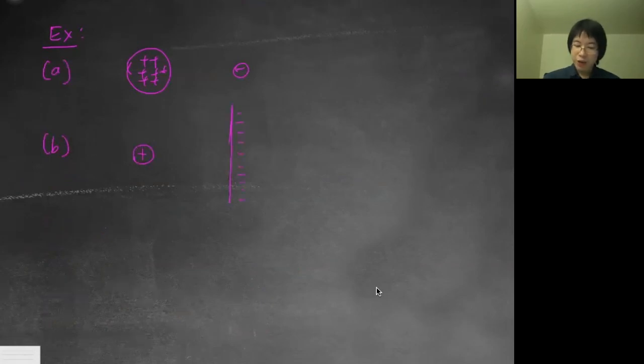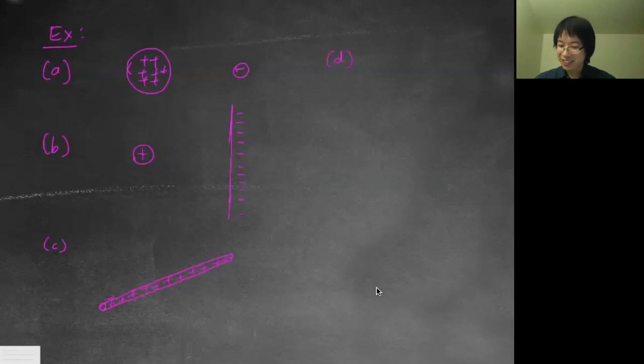What if you have a rod of positive charge? How would the field lines look around the rod? And maybe finally, if you have a triangular charge, how would the field lines look around it? Maybe for the rod, do one for a positive rod and maybe do one for a negative rod as well.